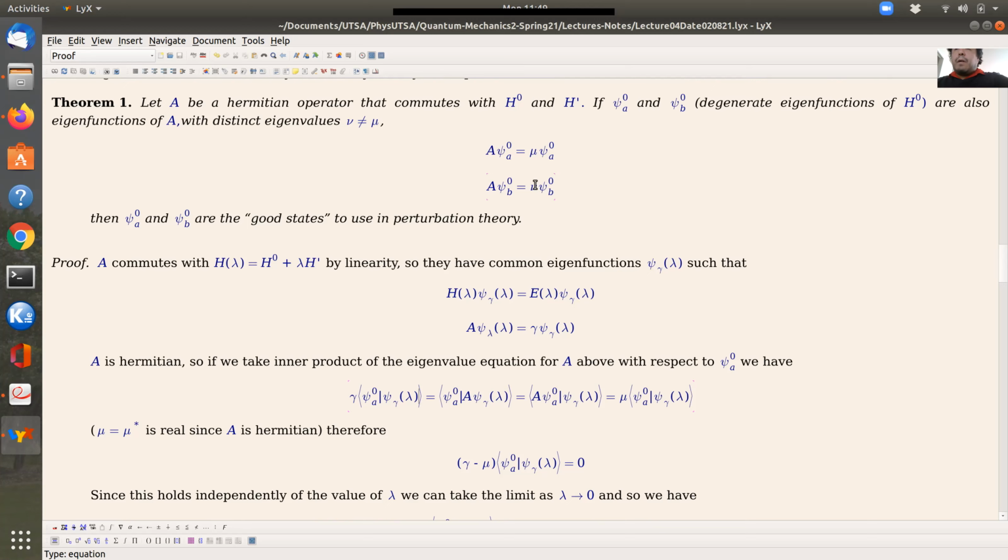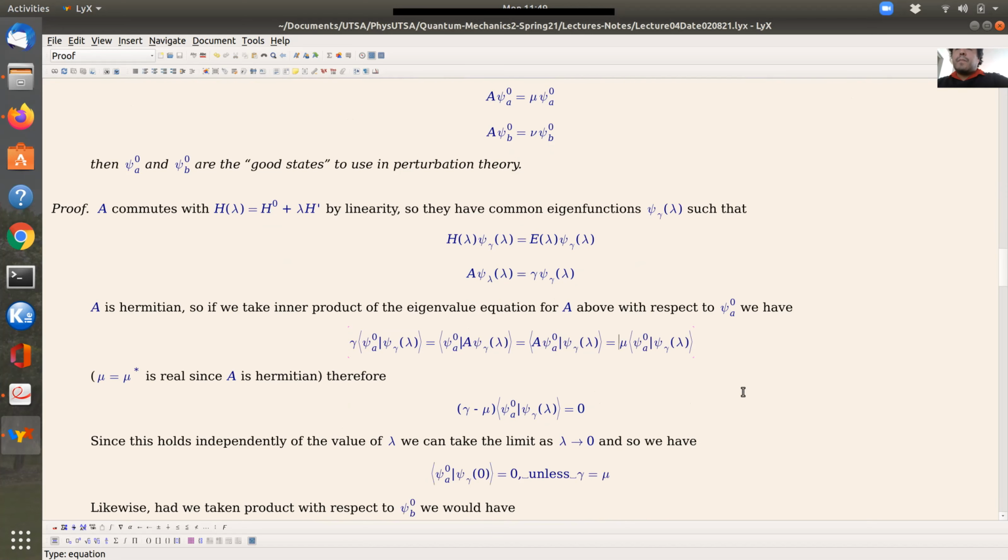We have this property, and because of that you'll have mu psi 0a, and the mu comes out. A is Hermitian, so the eigenvalues are real, so there is no conjugation for the mu in this part.